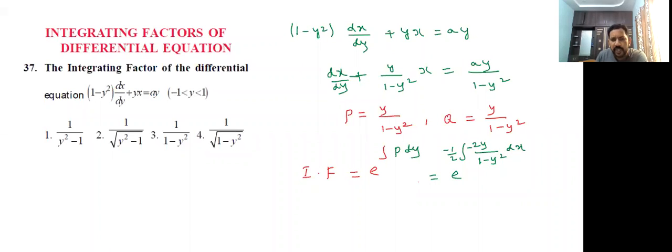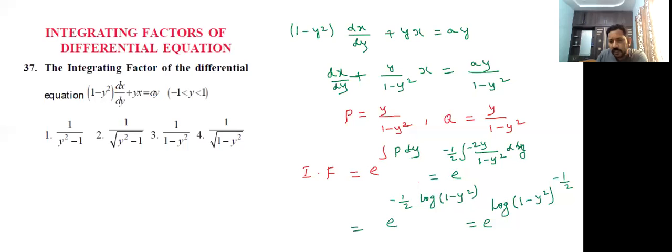Then we get e power minus 1 by 2 integration minus 2y by 1 minus y square dy, that is logarithm of 1 minus y square. So now this is e power logarithm of 1 minus y square, whole power minus 1 by 2.